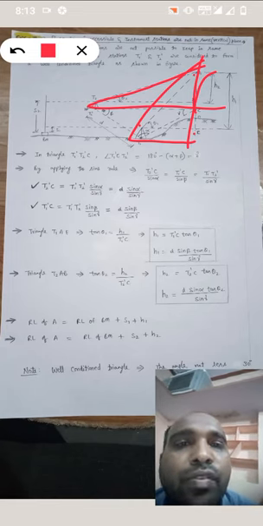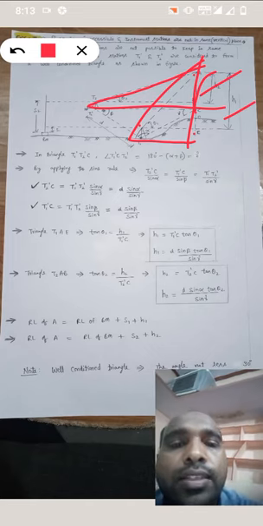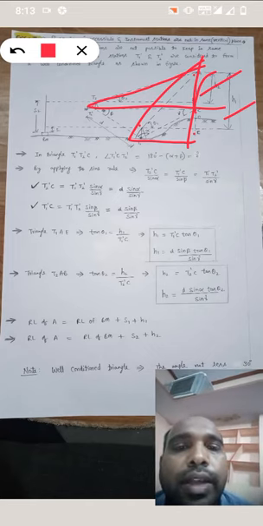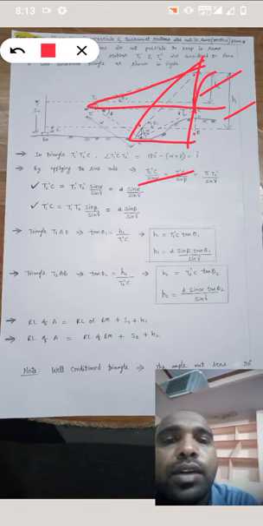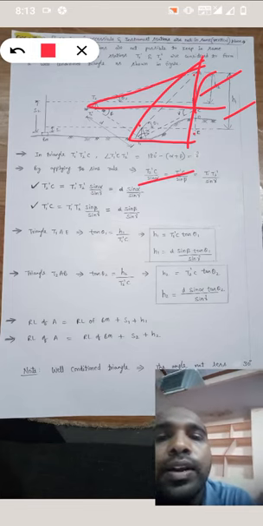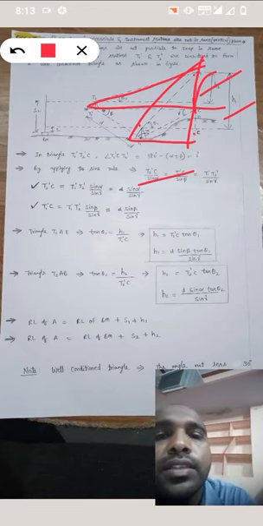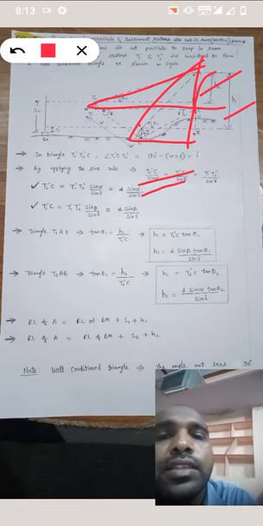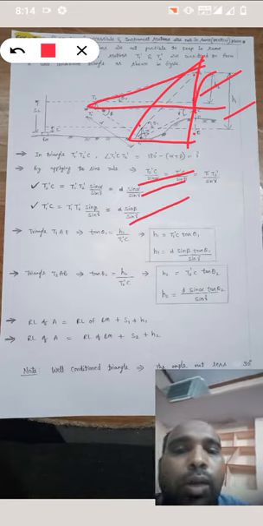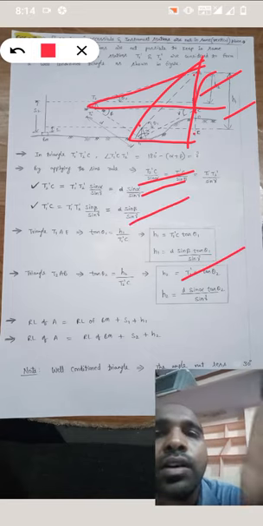So finally we are finding the heights h1 and h2 here. Next, T1 dash C is this length, and T2 dash C is this length. You have to apply these, and finally we find the solution.